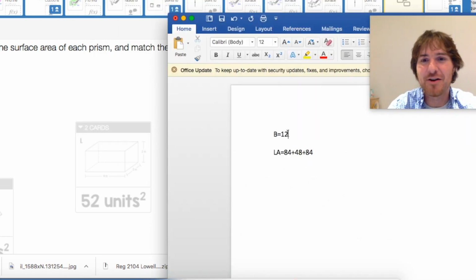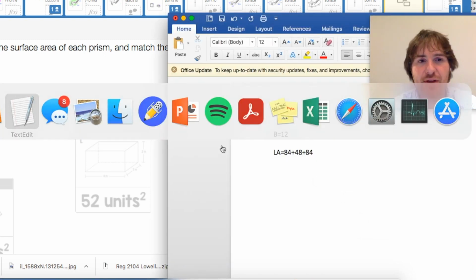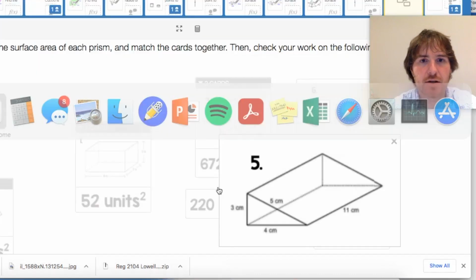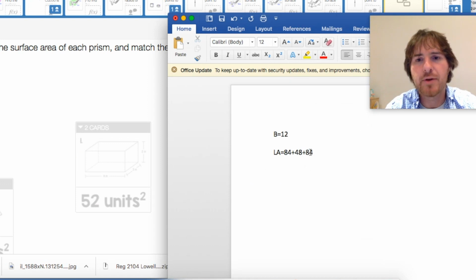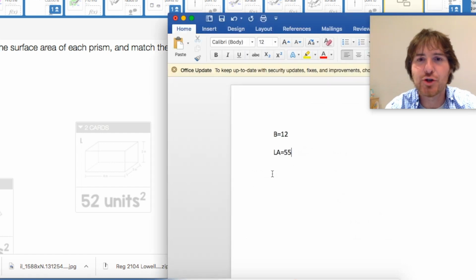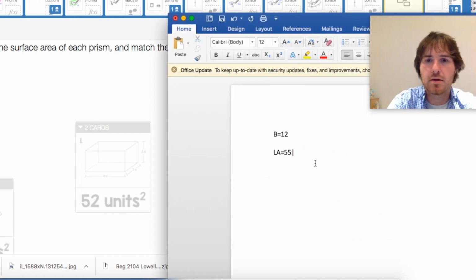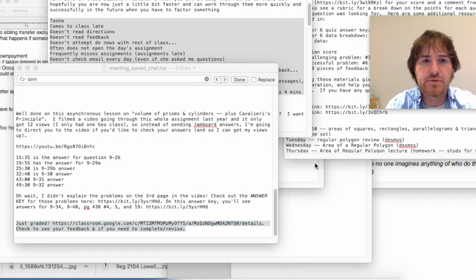Base area is going to be 12 because we have 2 of these guys here. And then we have 5 times 11, that's 55. So let's see what we got here. There we go, 55. And we have 3 times by 11, that's 33.